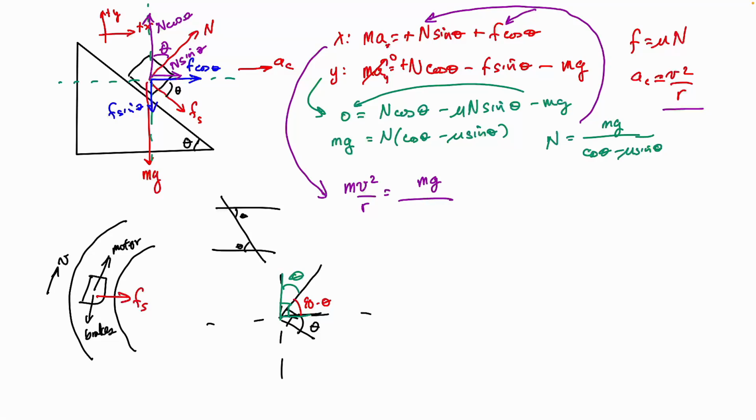Mg all over cosine theta minus mu sine theta times the sine theta, which was there to begin with, n times sine theta, plus mu times n again, mg over cosine theta minus mu sine theta times cosine theta.